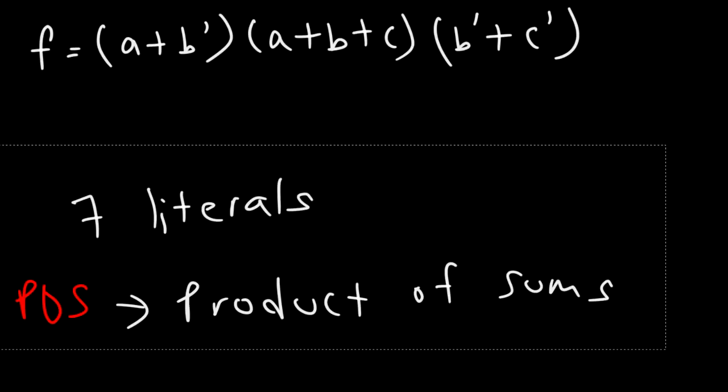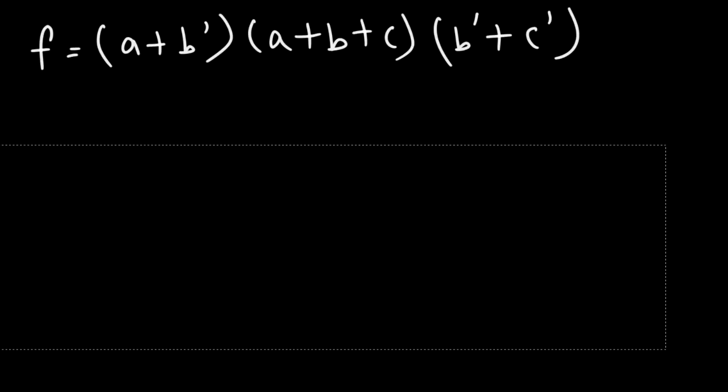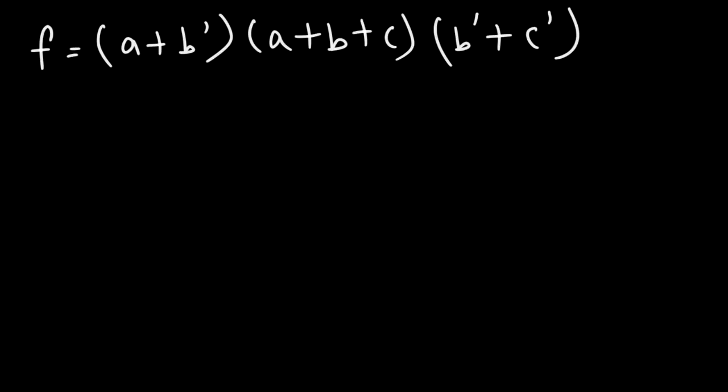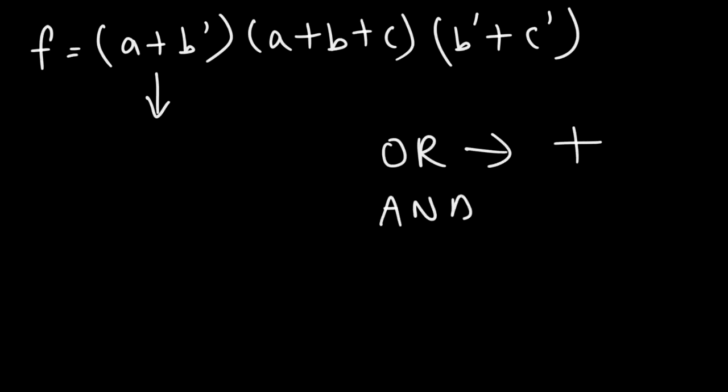Now let's go ahead and draw the block diagram. For a sum term, should we use an AND logic gate or an OR logic gate? What would you say? Now remember, you want to associate OR with addition or sums, and you want to associate AND with multiplication, or basically products.